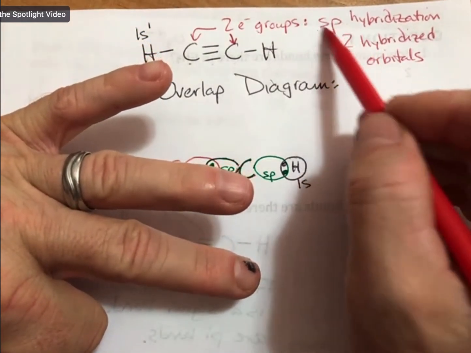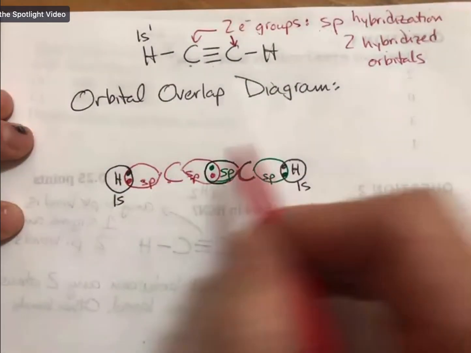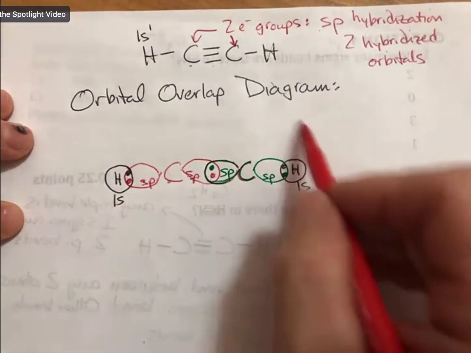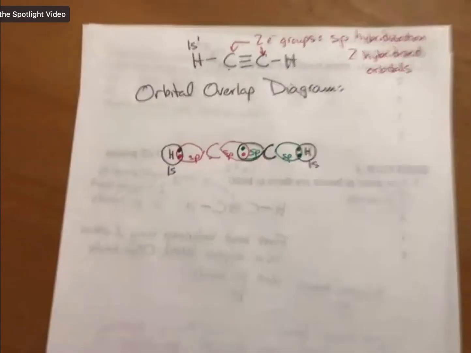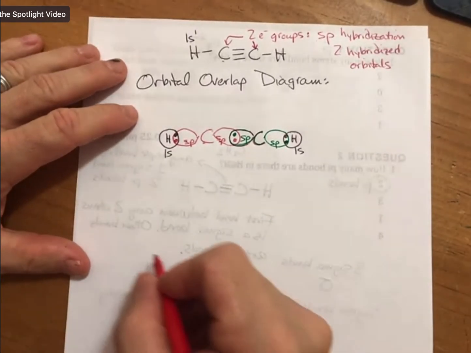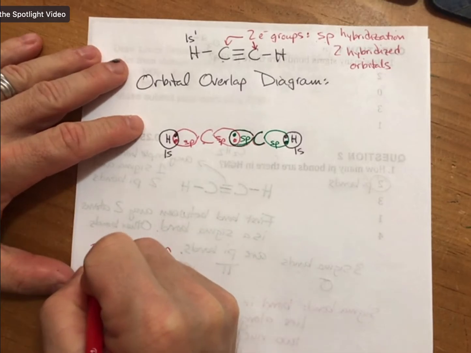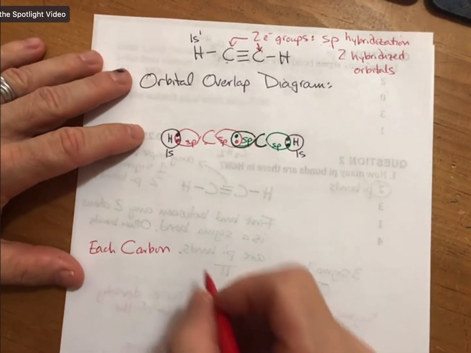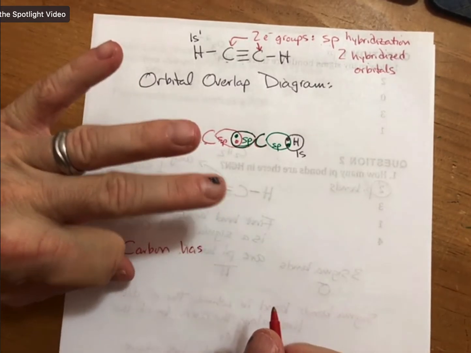One of them is hybridized, and leave some space around this because the pi bonds go above and below, remember. But I'll back up a little bit and say each carbon has 3 2p orbitals.